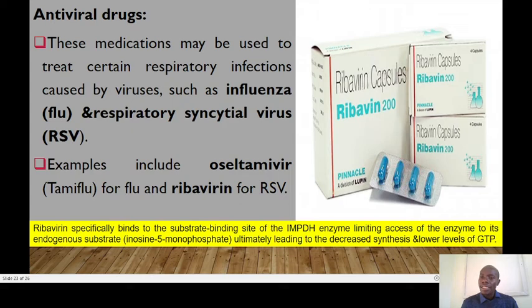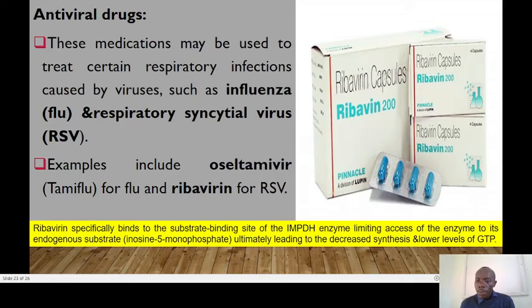Next, we have the antiviral drugs. These drugs are used to treat certain respiratory infections that are caused by viruses, which include the influenza virus and the respiratory syncytial virus. Examples: we have oseltamivir, that's Tamiflu, for the flu, and ribavirin for the respiratory syncytial virus.